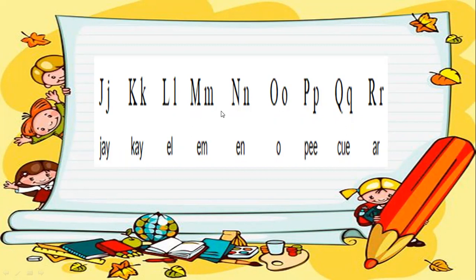M, em. N, en. O. P, it sounds like pee. Q, like kyoo. R, like ar. Okay, J, K, L, M, N, O, P, Q, R.